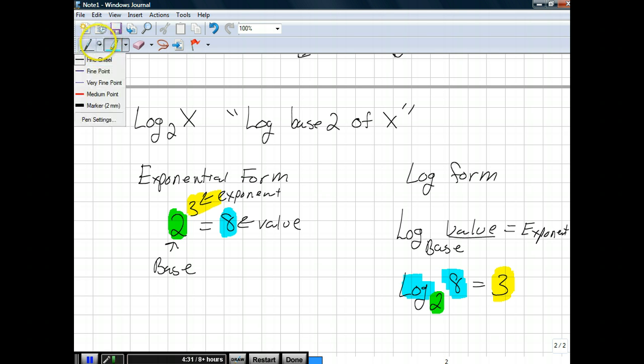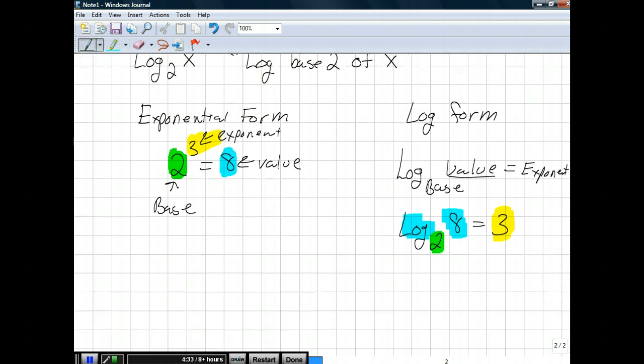Okay? So if I was going to take 5 squared, well, 5 squared equals 25, and I want to change that to log form, so it's going to be log base 5 of the value, which is 25, equals the exponent. Okay?